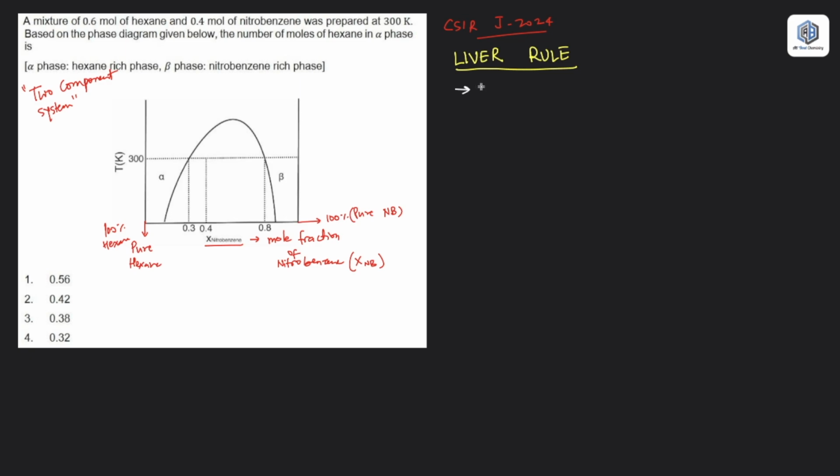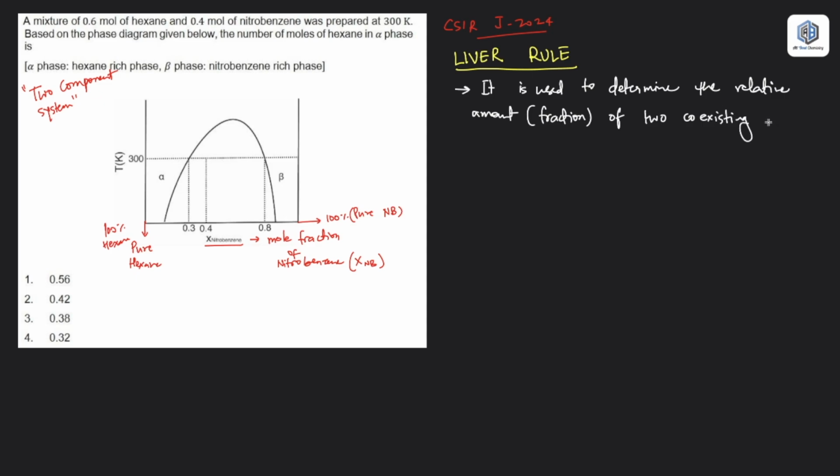I'll write down, it is used to determine the relative amount or fraction of two coexisting phases.